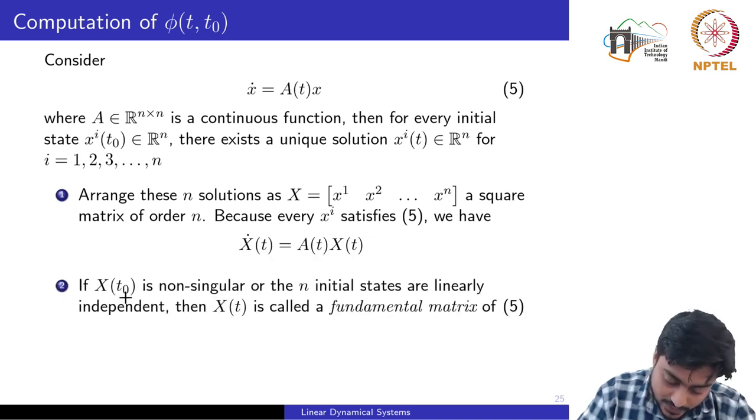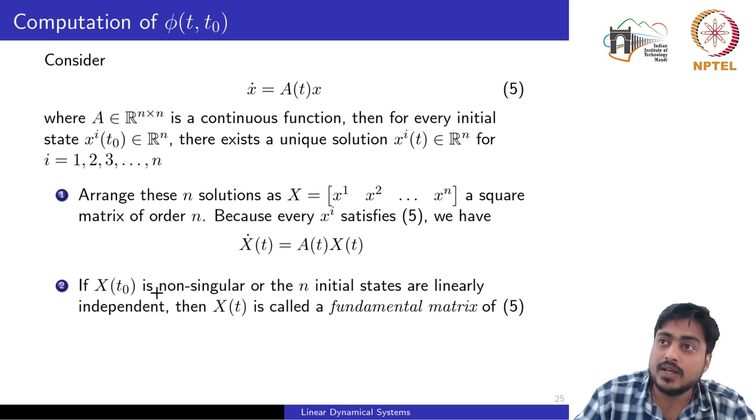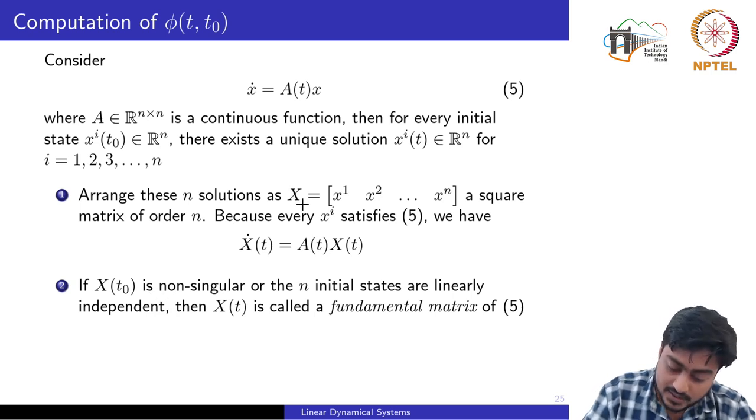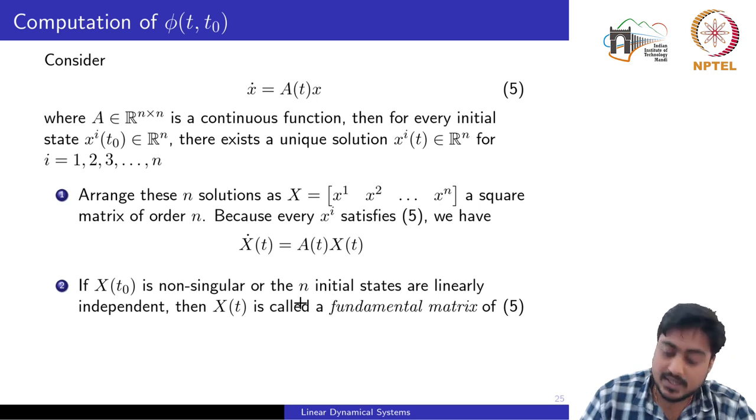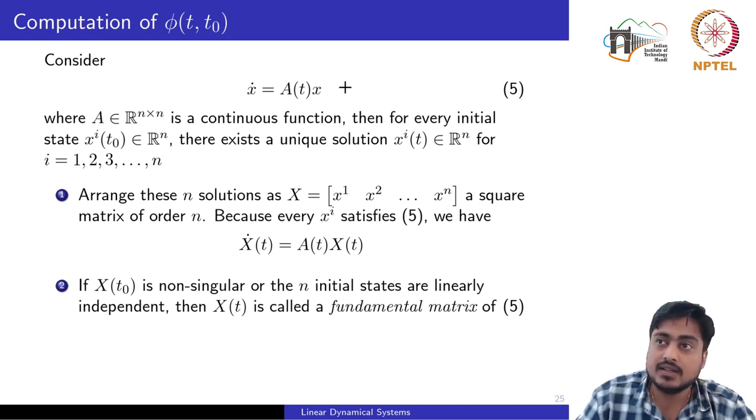Now if X of t naught is non-singular, meaning that if I club all these x at initial conditions and it is non-singular, or we say that these n initial states are linearly independent, then X of t is called a fundamental matrix of phi.